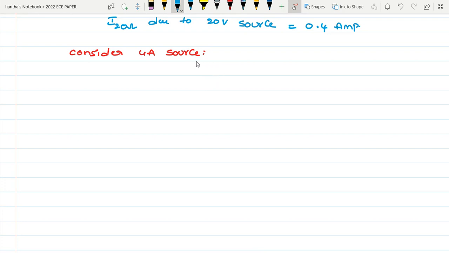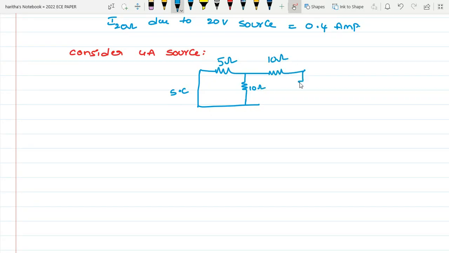Only considering 4 ampere means you have to make the voltage source 0. How can you make it 0? By making it a short circuit. In place of the voltage source, draw a solid line. That will be the short circuit. This is 5, this is 10, this is also 10, this is 20 ohm, and this is the 4 ampere source. You are finding the current passing through this 20 ohm.